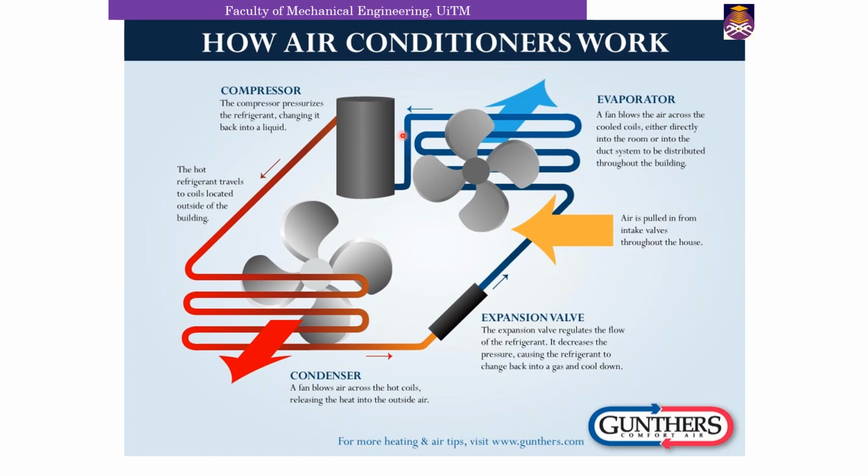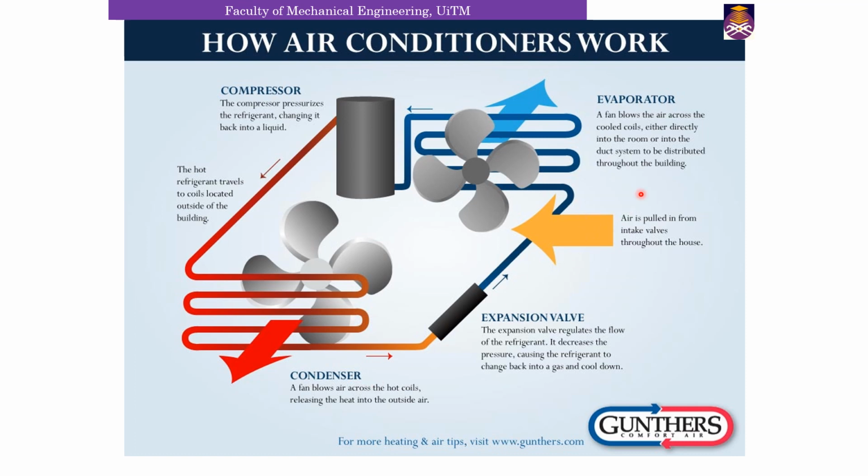Now the heat absorbed by the evaporator is then sent to the condenser of the air conditioner. With the help of another fan here, this heat is then expelled to the surrounding atmosphere. As a result of that, the refrigerant is now cooled and then can be recycled back into the refrigeration cycle to continue absorbing heat from the confined space as explained earlier.